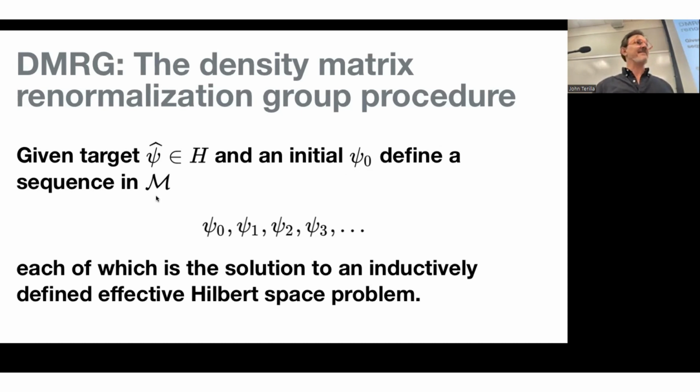So this model class M represents matrix product states. I'm going to give you a sequence of matrix product states that will converge to this given target psi hat. And how do I do it? I'm going to do it inductively. And I'm going to get from one matrix product state to the next one by solving a little problem in an effective Hilbert space. And I'll say exactly what I mean in a moment.